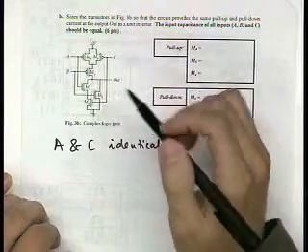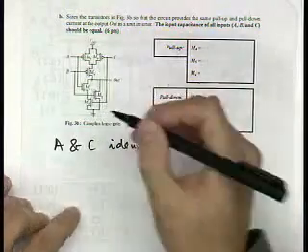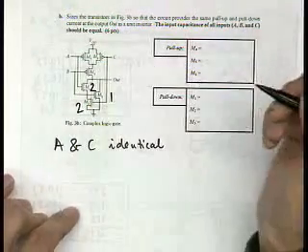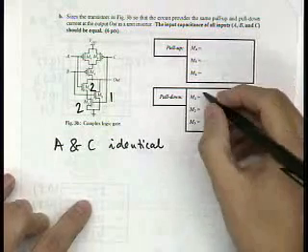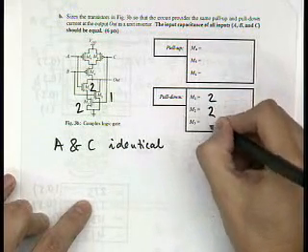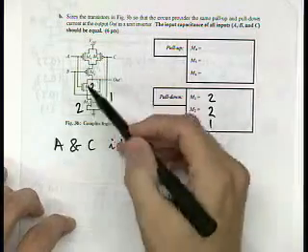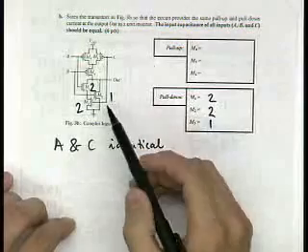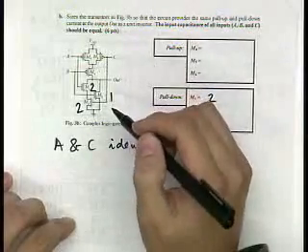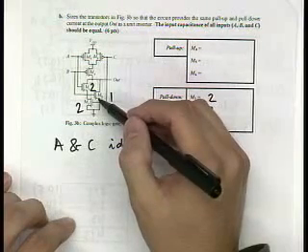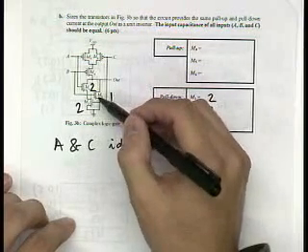That means I can easily figure out my pull-down network. This is 1, this is 2, this is 2. Done. So in the pull-down, M1 is equal to 2, M2 is equal to 2, M3 is equal to 1. Now I need to figure out the PMOS. Since I have to have balanced inputs also on B, I've already lost one transistor to M3.